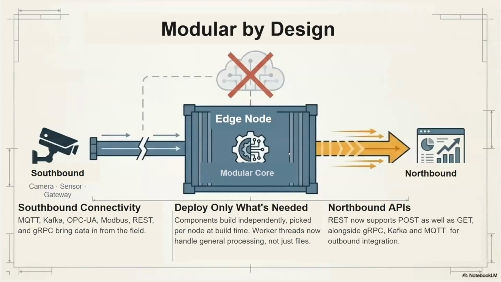If we look at EdgeLake or AnyLog from a modular point of view, you have your southbound connectors, which are cameras, sensors, gateways, and they send their data into AnyLog or an edge node, as they call it here, and then the insight would be northbound.